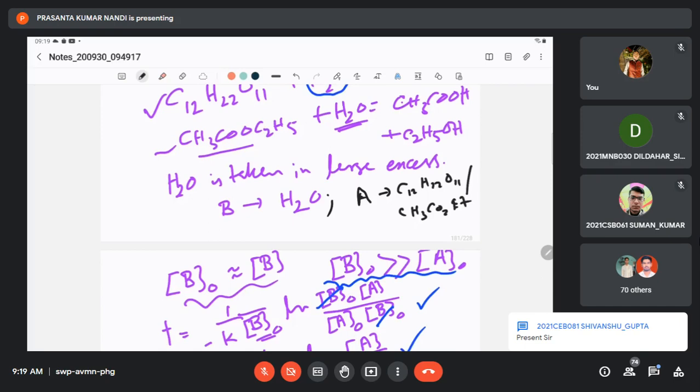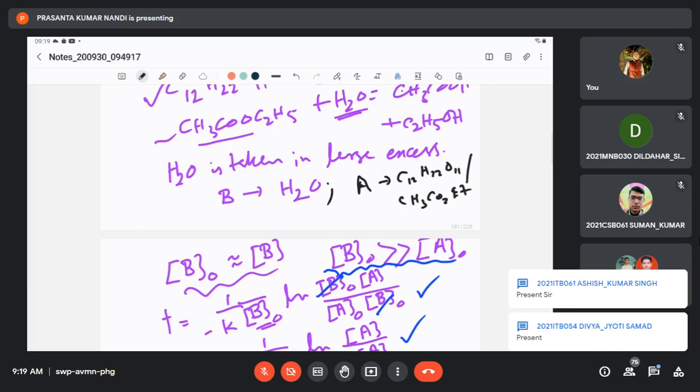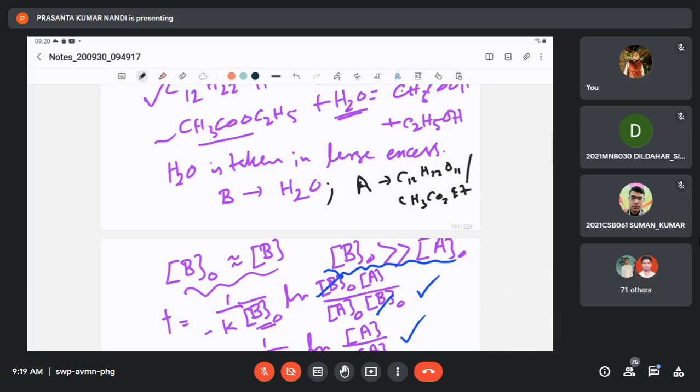In this equation, say B is water and A you can take either cane sugar, C12H22O11, or you can take it as ester molecule as a representative, ethyl acetate. Now, since we have taken water in large excess compared to other reactant A, that means concentration of reactant B, that is water, will remain as if unchanged even after the reaction is over, because concentration of other reactant A is taken in very small amount.